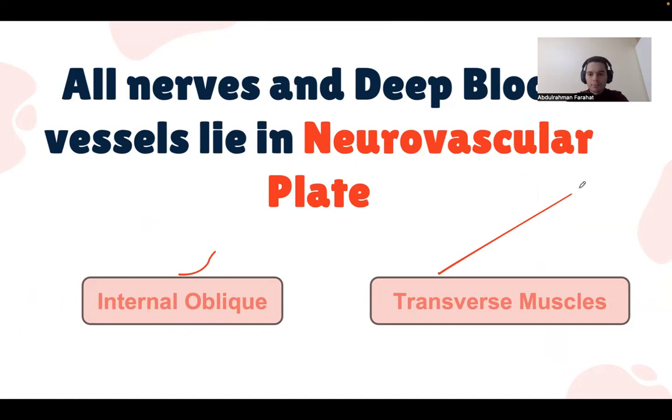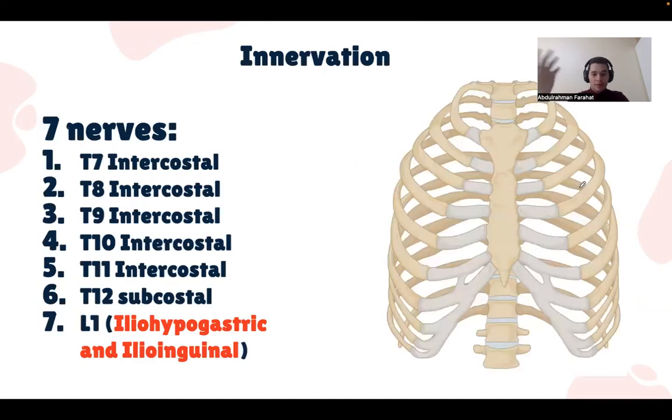Okay. Moving on now to the innervation. We said that the abdomen generally starts from the diaphragm or the lower thoracic cage all the way down to the pelvic end. So a good way to remember it is that it starts from the lower thoracic cage, which is at T7, or at the xiphoid process, and goes all the way down to L1.